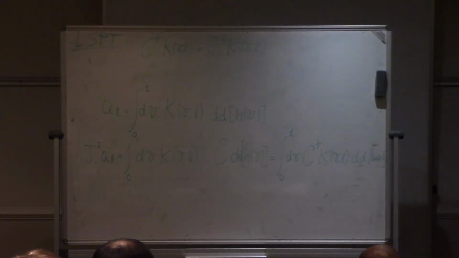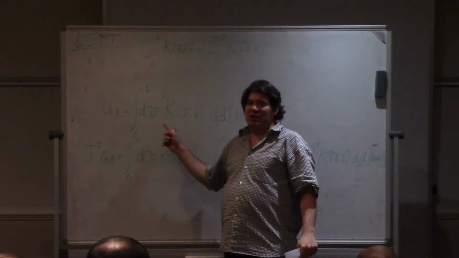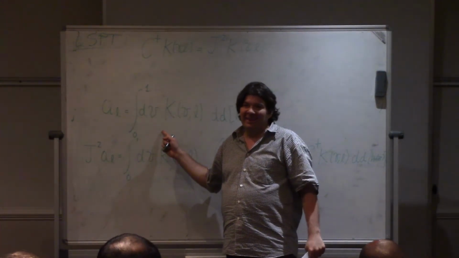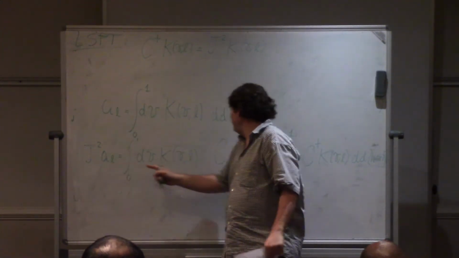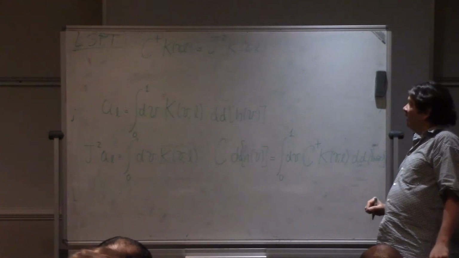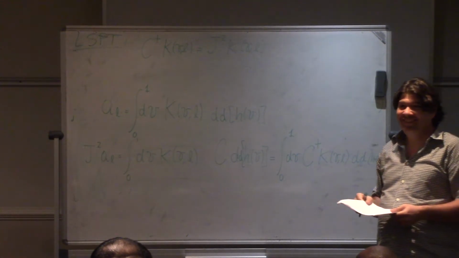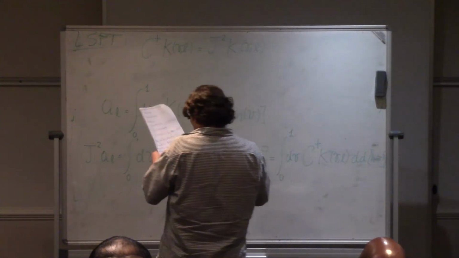Simply because I could also multiply both sides by J squared, and you would get the same result here, but with J squared acting on K. And this, you go to Mathematica and you just solve it. And you find an answer.